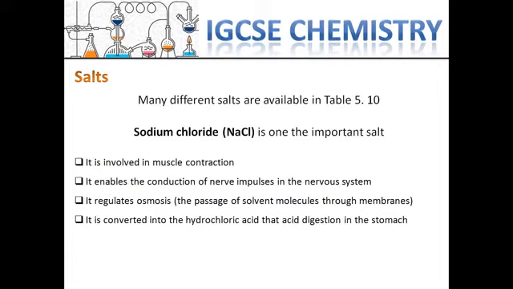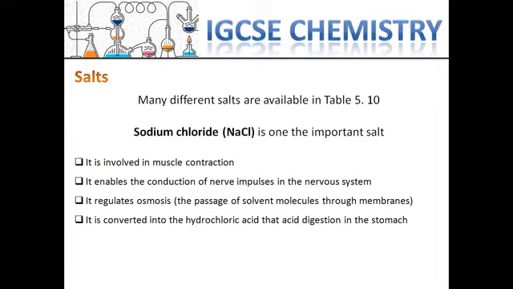For example, if you touch something hot and you feel pain, this is a nervous reaction, and you pull away your finger or body skin. So this is nervous feedback. The impulse can be conducted in the nervous system by salt, or sodium chloride.